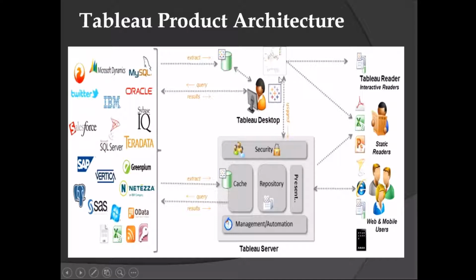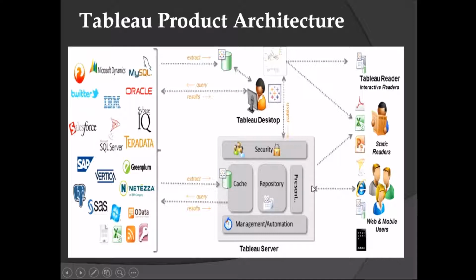Then you can publish to Tableau Server also. So this is a Tableau Server architecture. Once you publish to Tableau Server, Tableau Server will take care of the rest. Tableau Server will send the query and get the result, or it can even extract the data. You can schedule the extract.